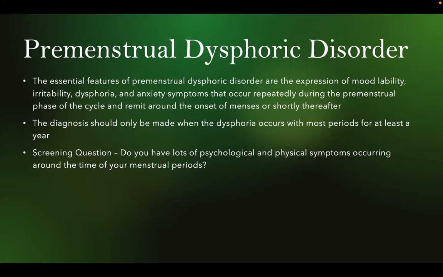So the cycle of this is pretty clear, but the diagnosis should only be made with these experiences of dysphoria occurring with most periods for at least a year.